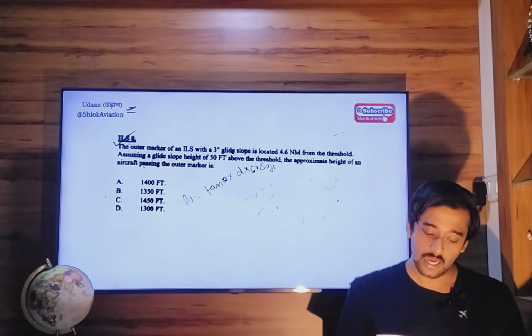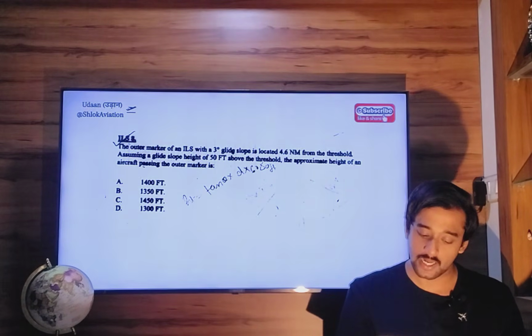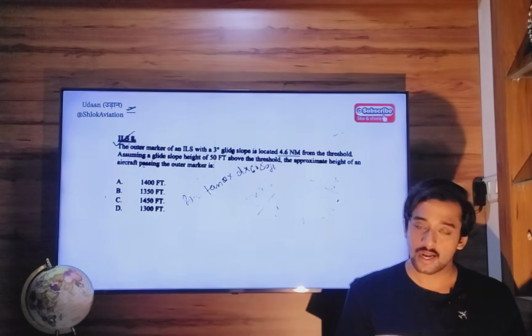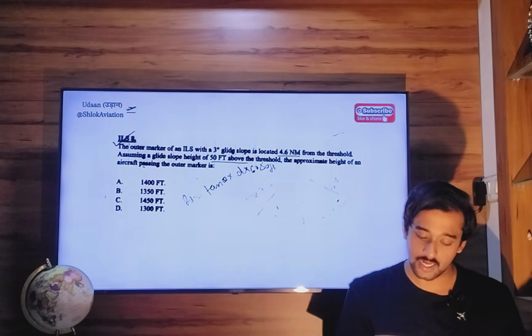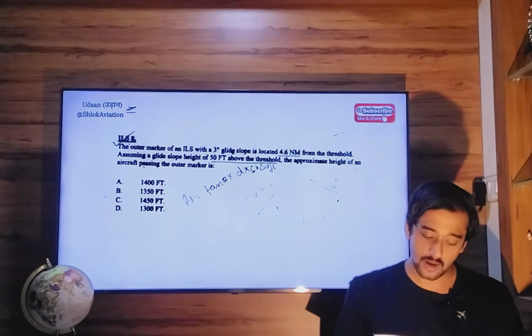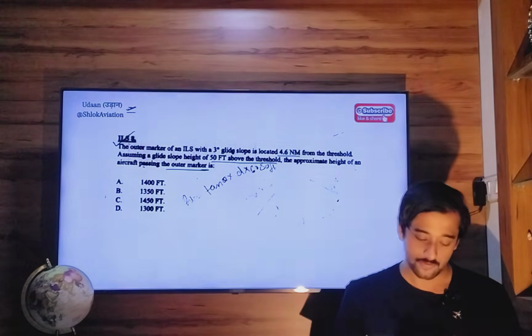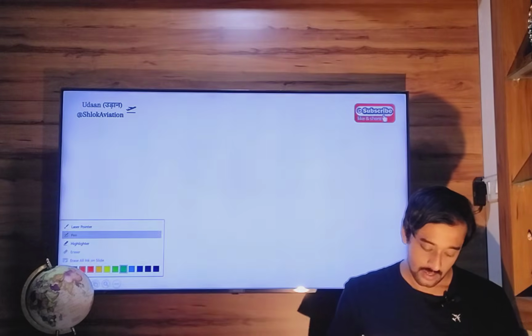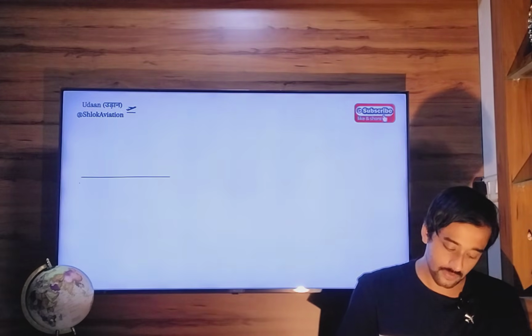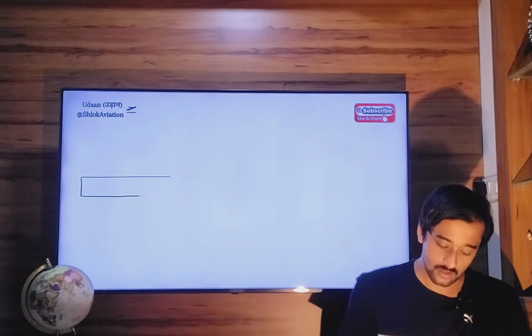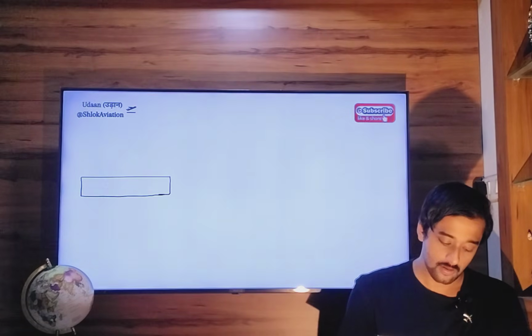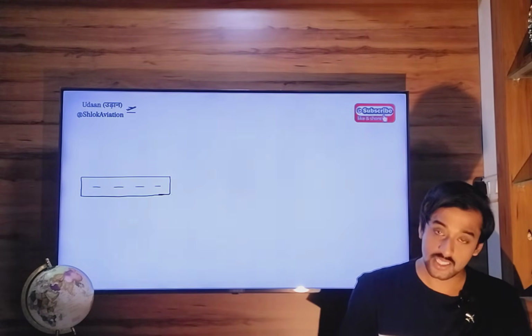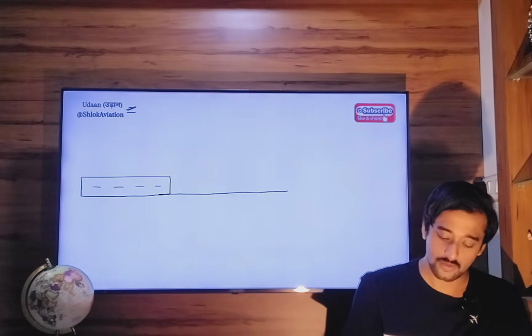The outer marker of an ILS 3-degree glide slope is located 4.6 miles from the threshold. Assuming a glide slope of 50 feet above the threshold, what is the height of the aircraft passing the outer marker? So let's say this is your runway and this is the ground surface.